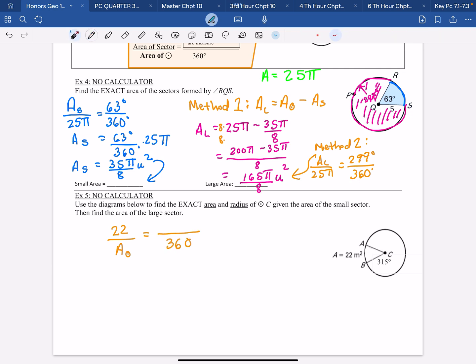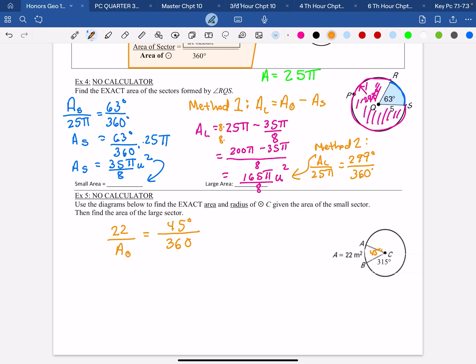That 315 is not the measure of that piece of the arc. You need to find what this value is right here. You're going to take 360 minus 315, and this is 45 degrees. So you want to make sure that you have the right arc that corresponds.